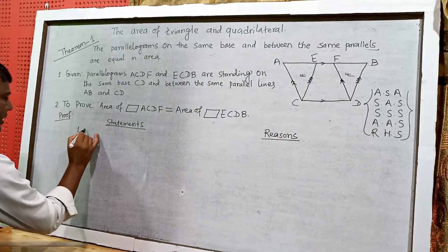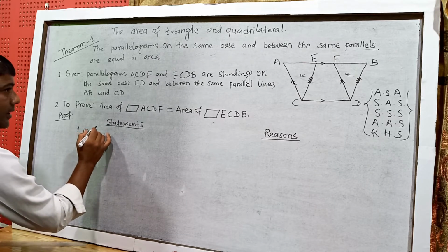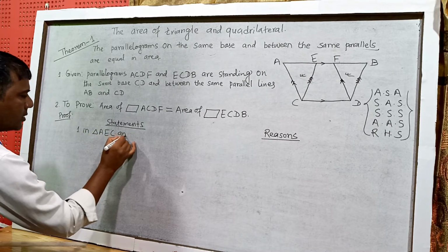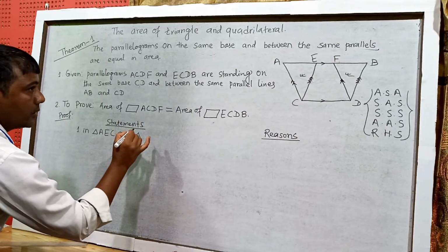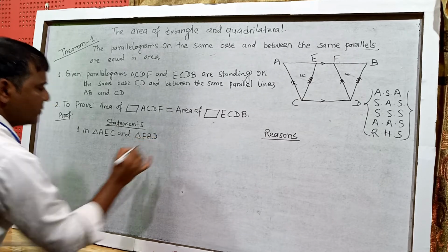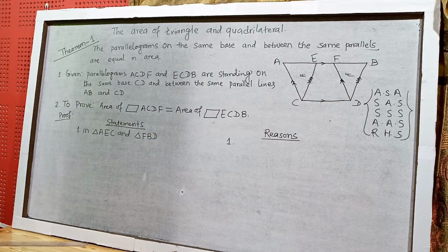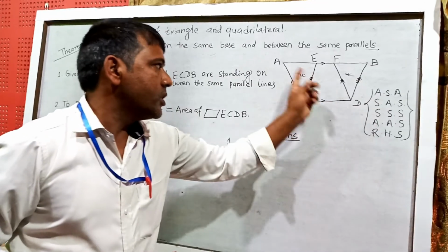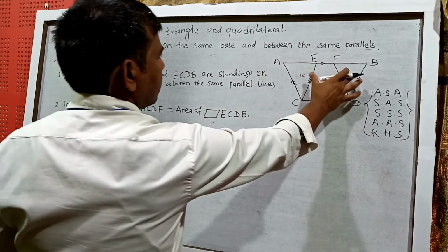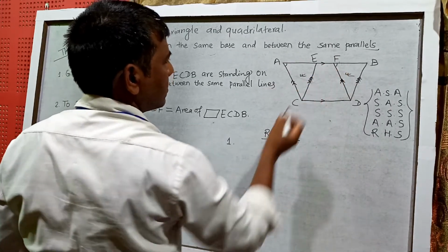Now, in triangle AEC and triangle FBD, which axiom can we show in these two triangles? Let's try. In these two triangles, at first I think this angle equals this angle.